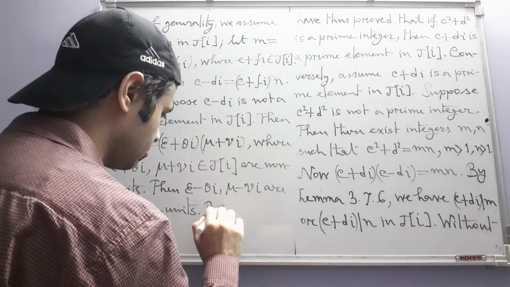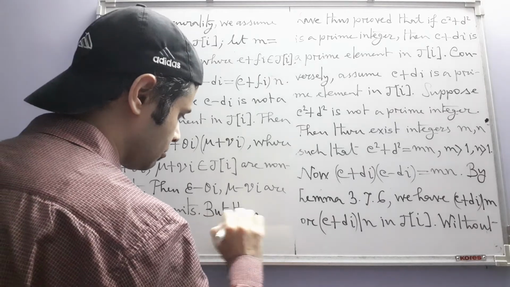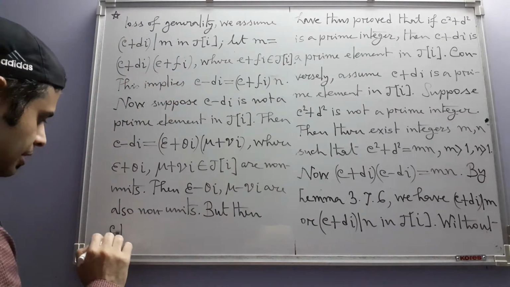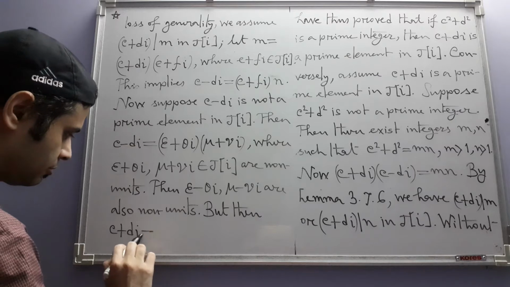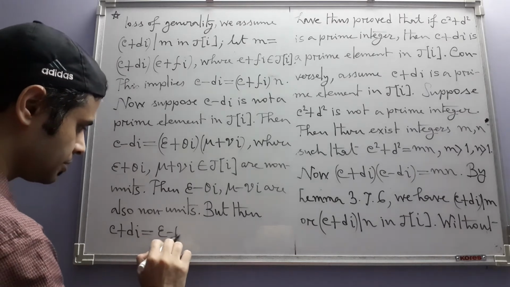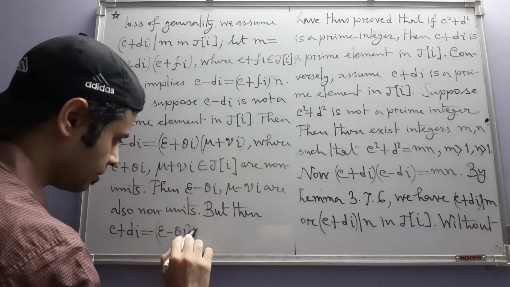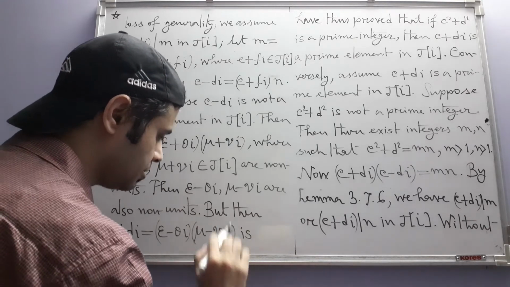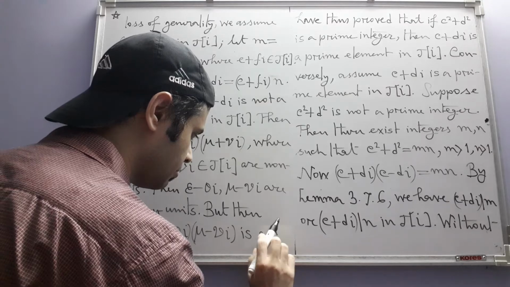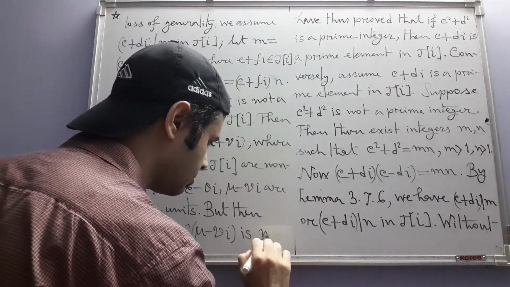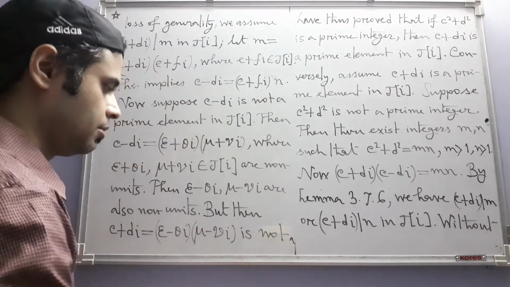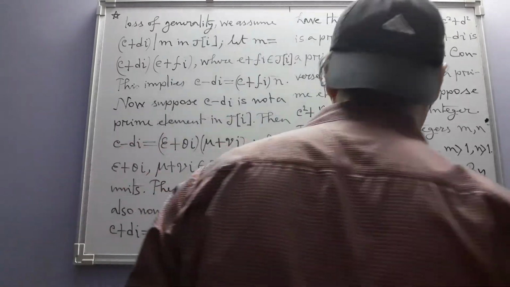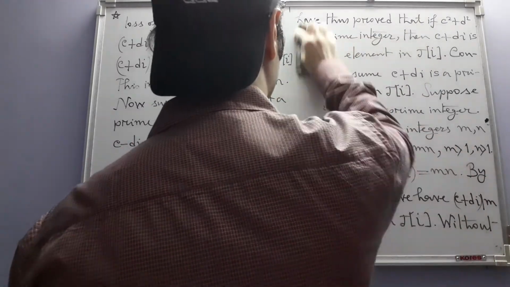But then C plus di, which is equal to epsilon minus theta I times mu minus nu I, is not a prime element, which is a contradiction.